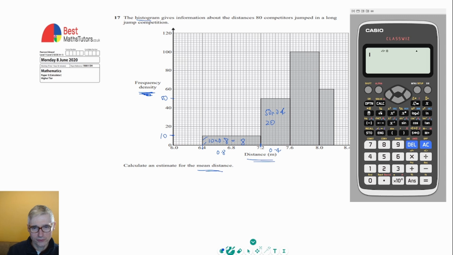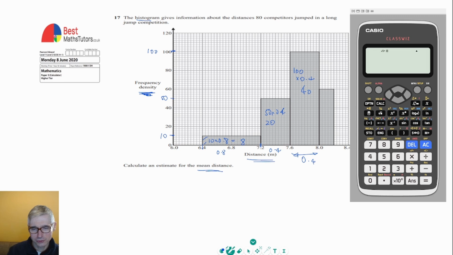If we then go to the next group, we've got from 7.6 to 8.0. So that's 0.4 again. And the frequency density is 100 there. So this group is going to have a frequency that's 100 times 0.4, which is 40.